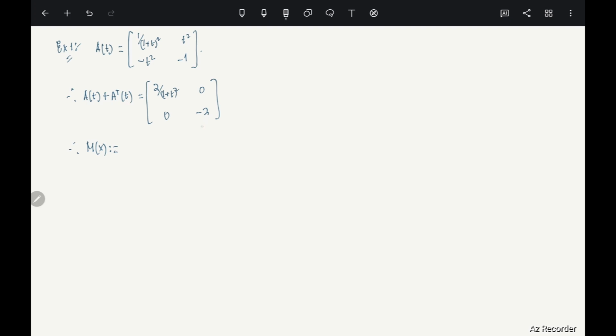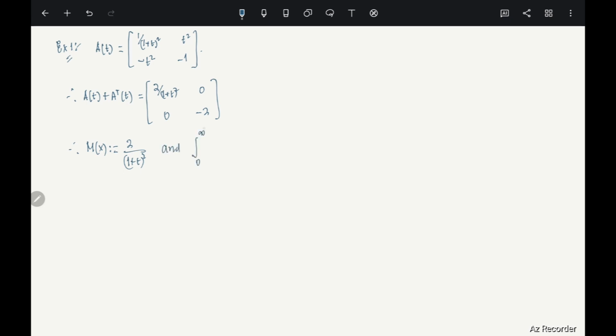What is the maximum here? It is 2/(1+t^2). I hope this is clear. The eigenvalues are basically the diagonal elements, and between minus 2 and 2/(1+t^2), the maximum is 2/(1+t^2). So m(t) is 2/(1+t^2). That's just the definition, right?